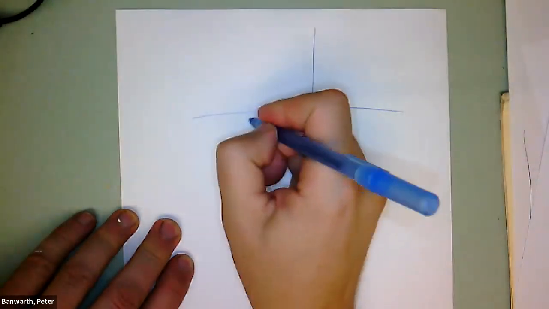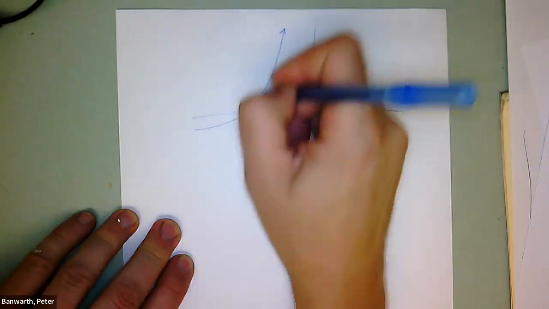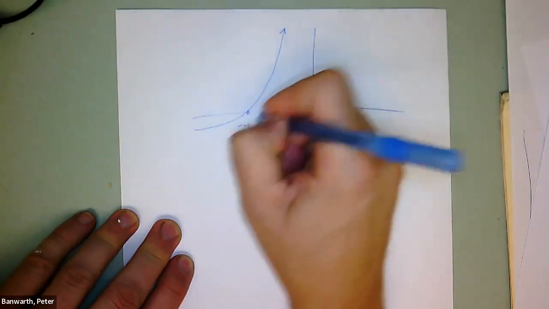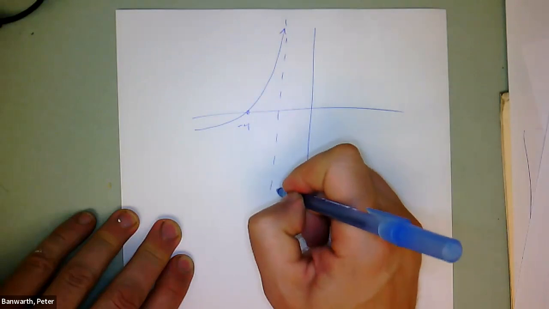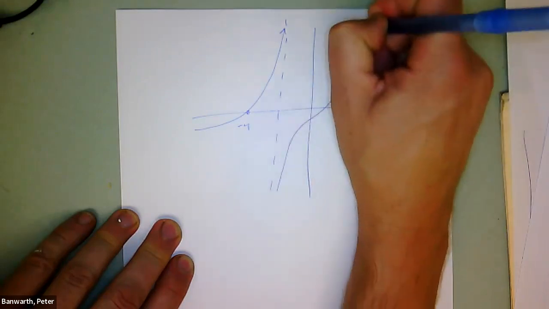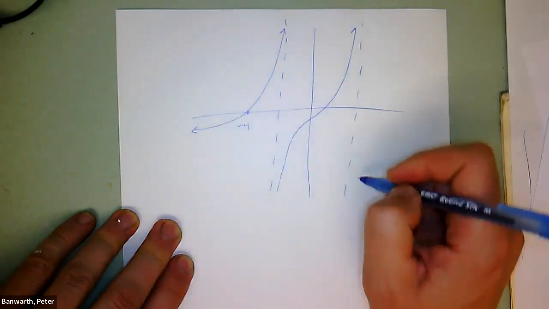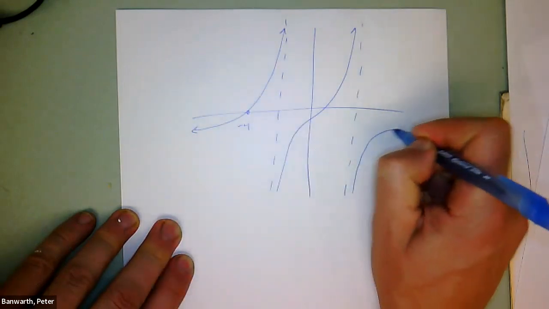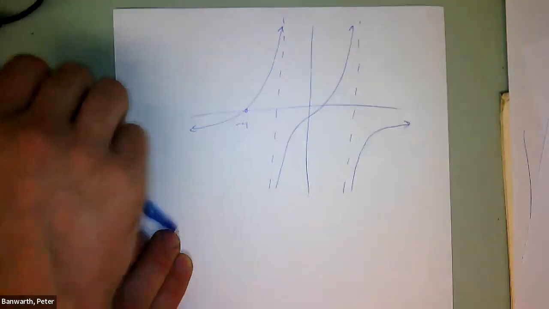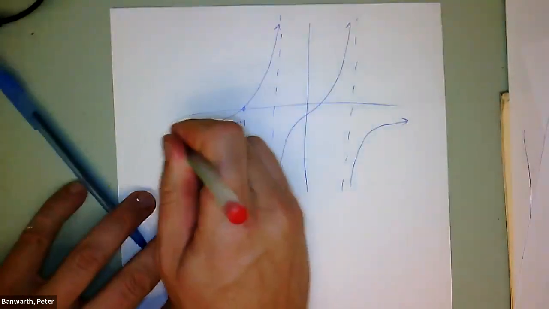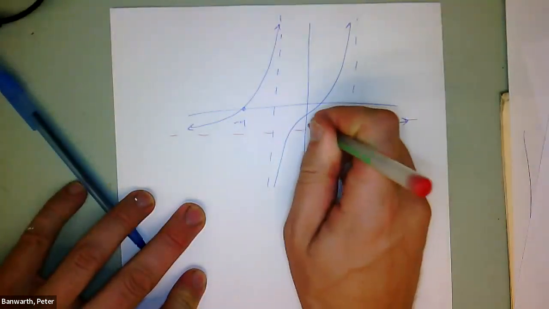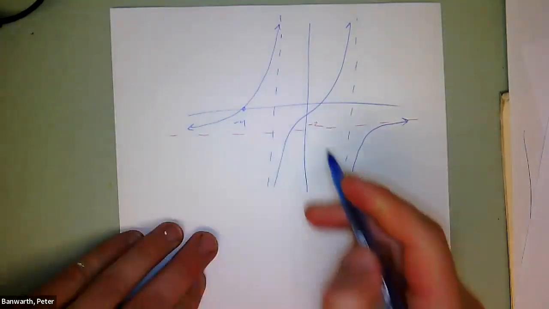Let's see, so let's just do this. Let's say that's -4. Give ourselves a horizontal asymptote at -2.